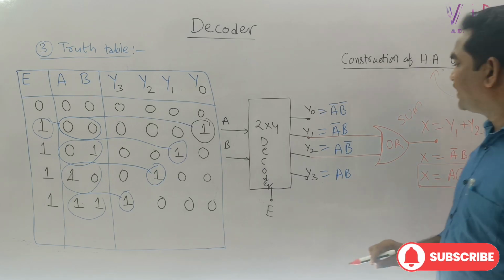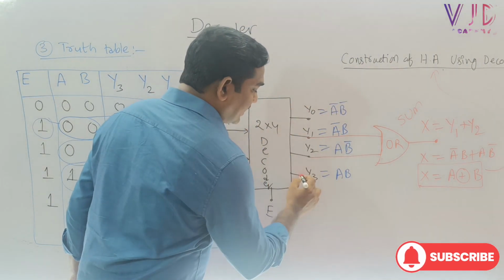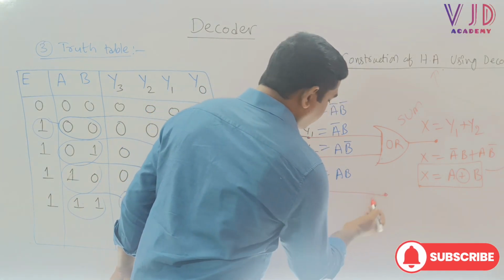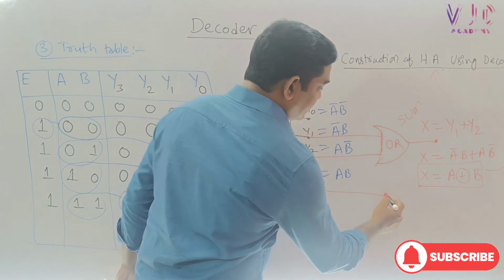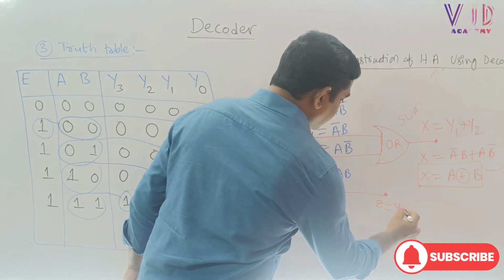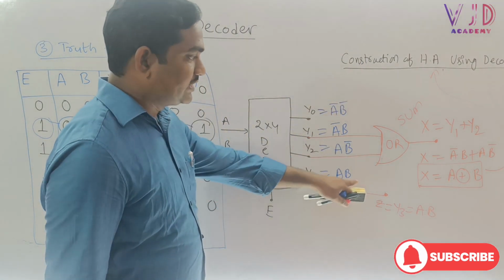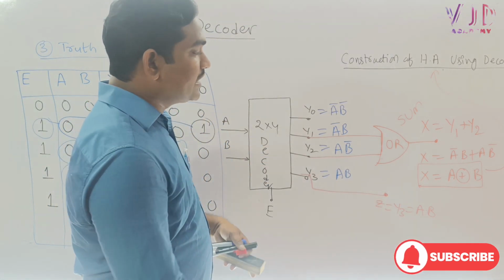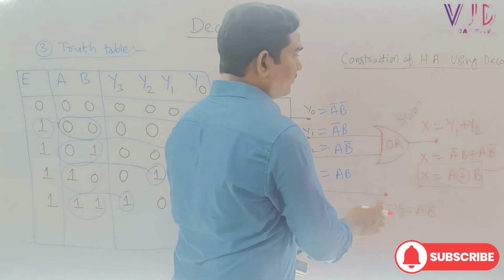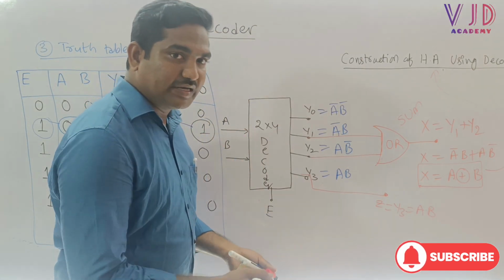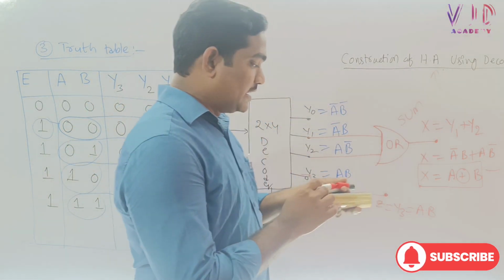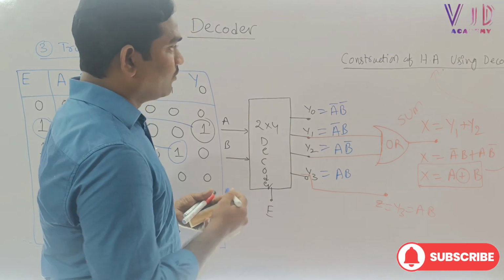What is the carry output? Can we take it directly from Y3? Yes, here Z equals Y3, which is A into B. This is the implementation. How many decoders and other gates are required to implement a half adder?